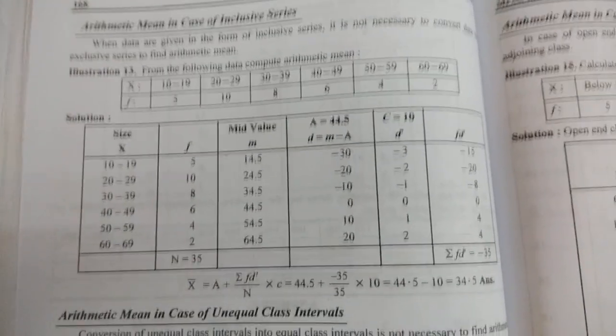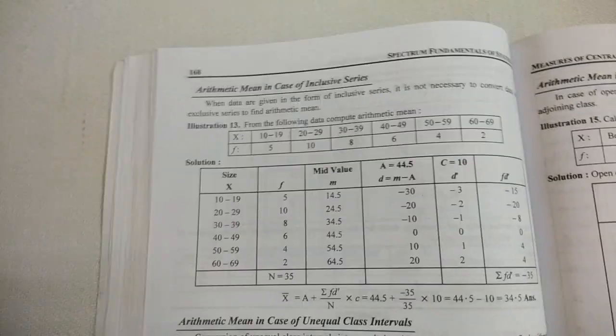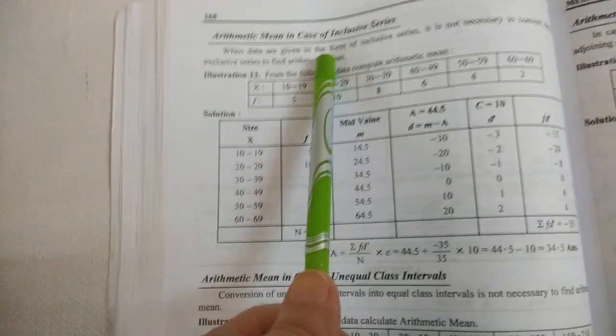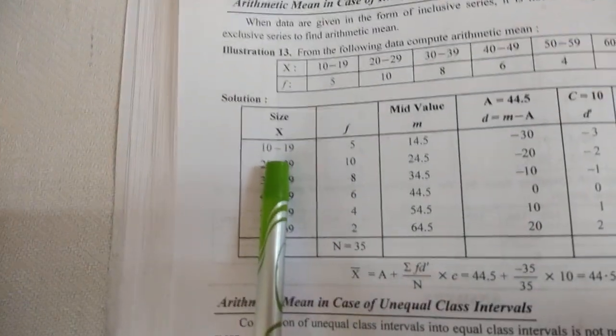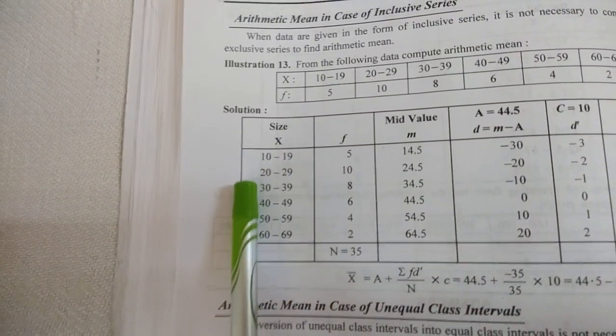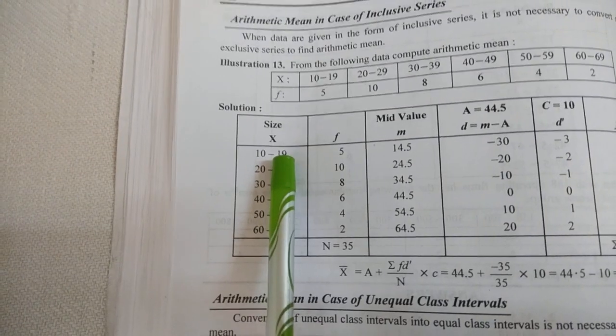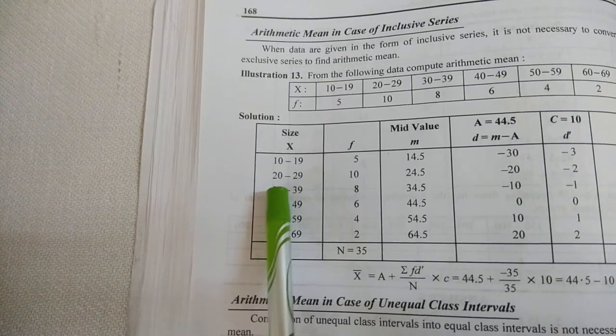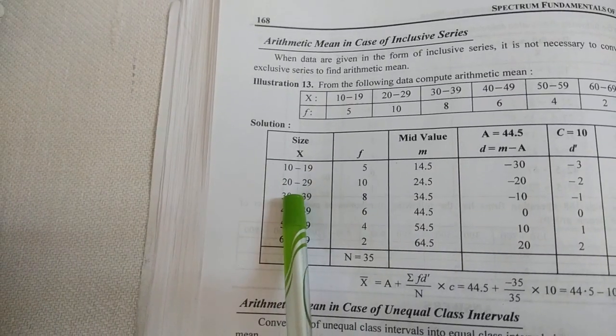Here are some other series, for example the exclusive series, and its arithmetic mean. In an exclusive series, given 10 to 19, 20 to 29, 19 is included in the 10 to 19 class and 29 is included in the next one.